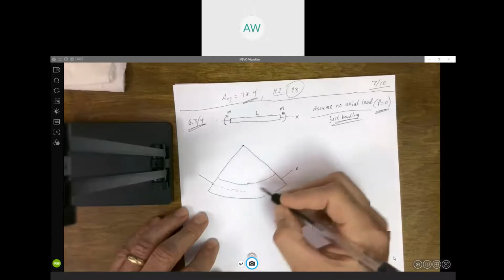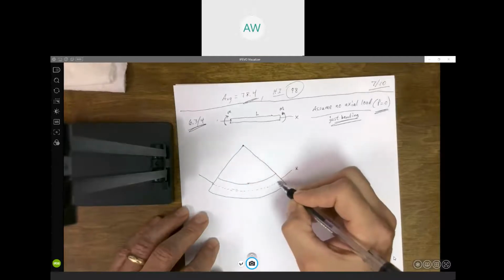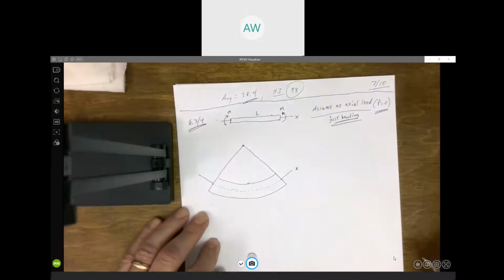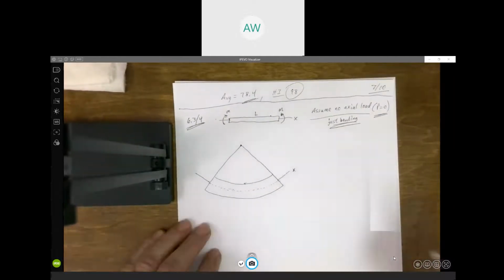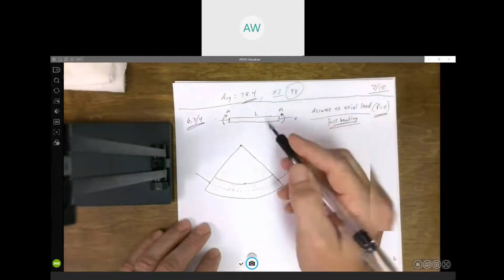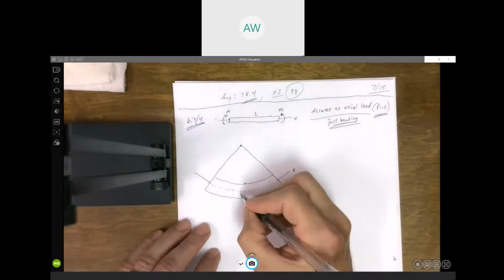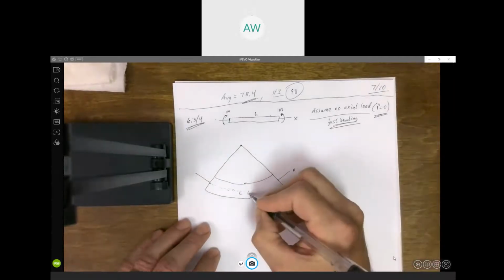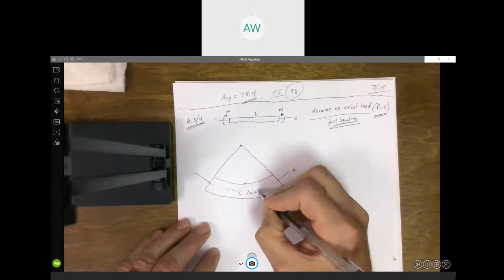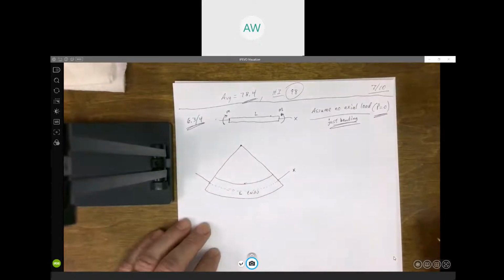All right. So one thing I did mention yesterday, toward the end of class, was that there's going to be one surface right down the middle of this thing that's not going to deform as far as change in length. So if this beam has some initial length L, this would still have length L. This is what we call the neutral surface. So I'm just abbreviating neutral surface NS.